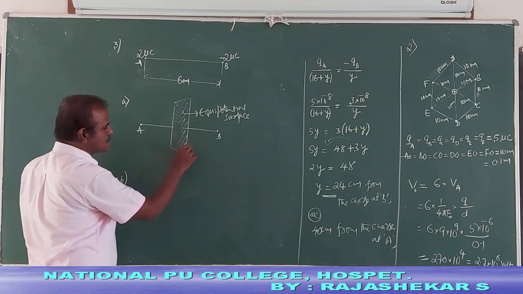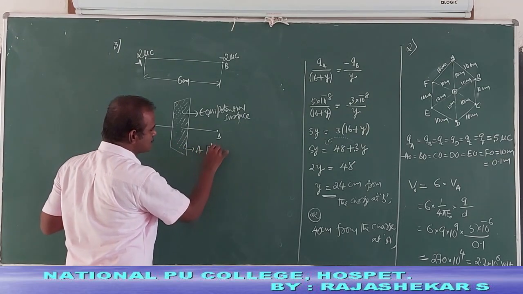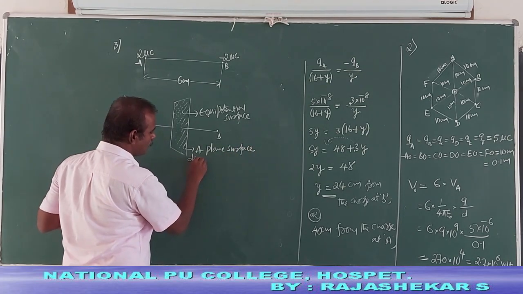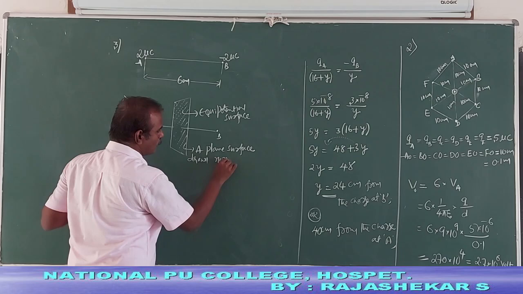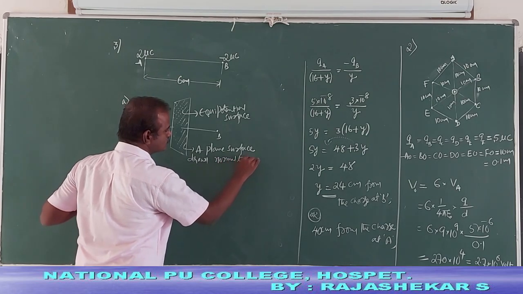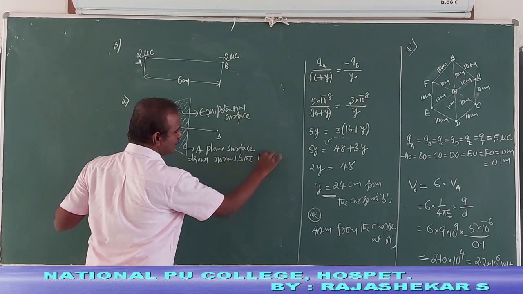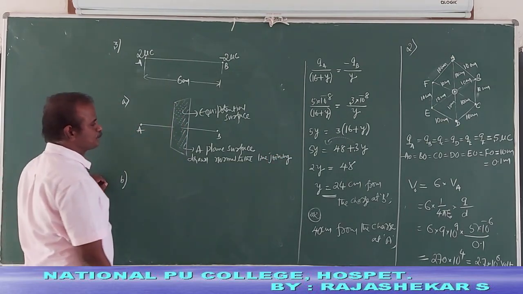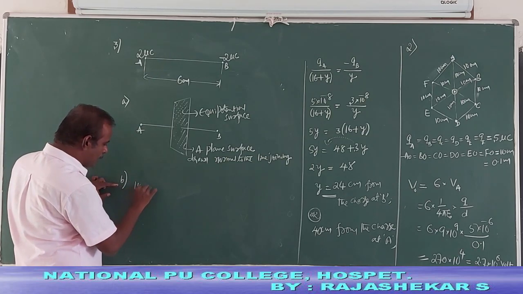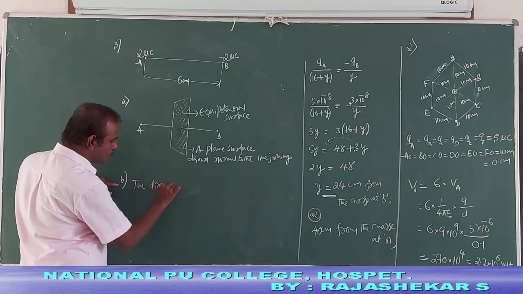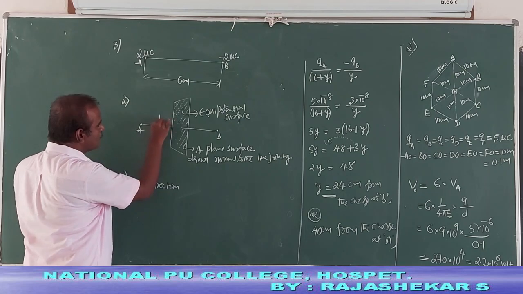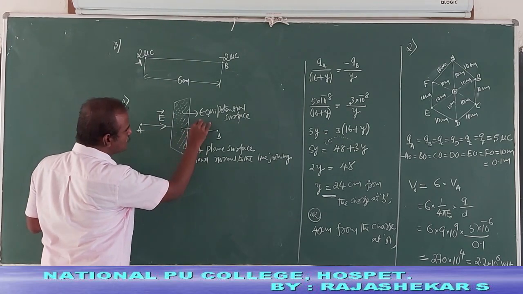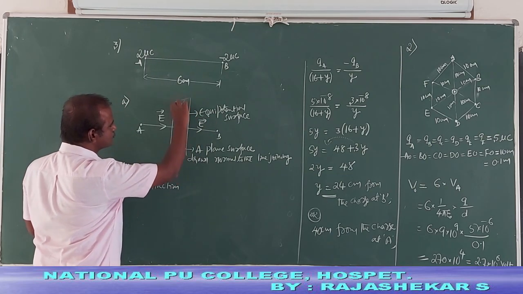So this is a plane surface. A plane surface is the equipotential surface drawn normal to the line joining. And the second one, the direction, why? Because due to positive charge the direction will be like this, and due to negative charge towards it, look at this, on this surface.